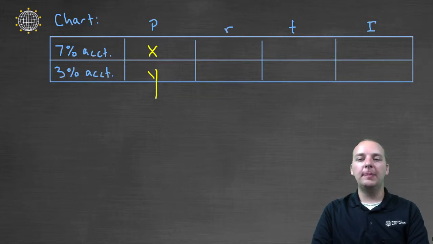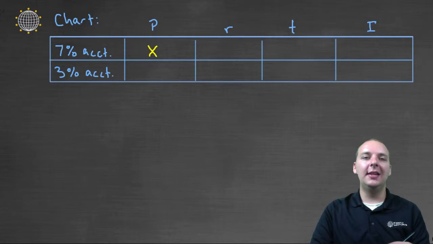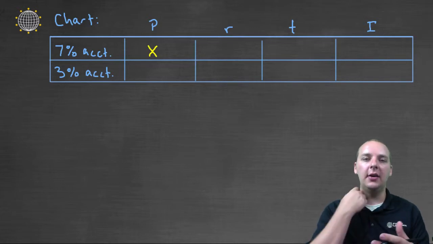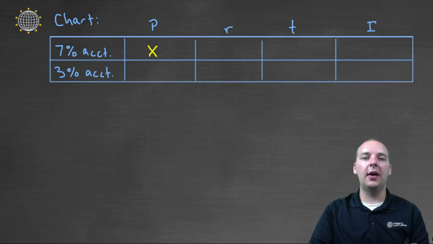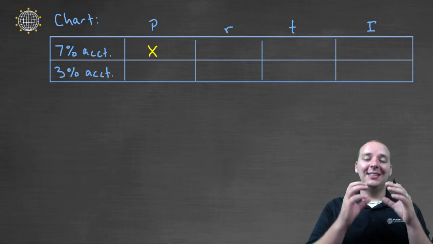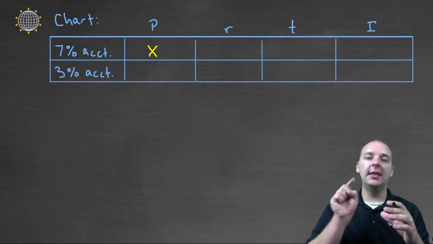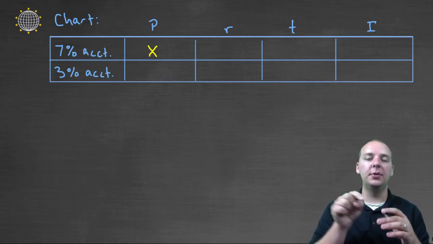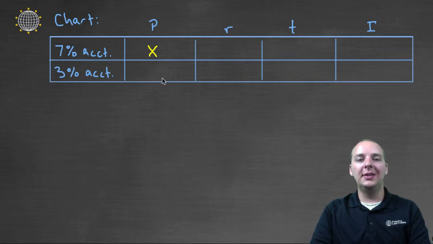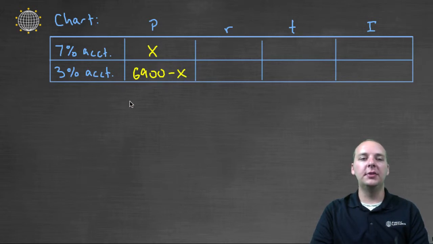See, remember, we know she invested a total of $6,900. So the amount invested in the 3% account will be the $6,900 minus however much was in the other account, the 7% account. So we'll put 6,900 minus X, which is minus how much she invested in the 7% account.